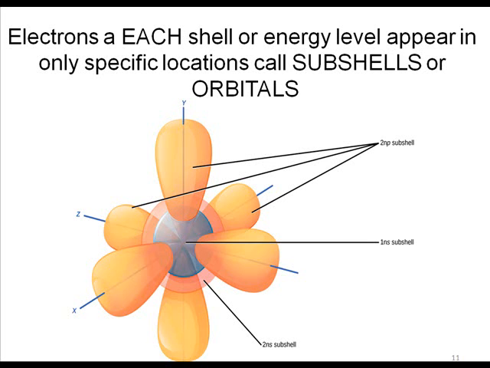So here we see what are called p orbitals. And what happens is there are 3 p orbitals. You will notice there are p orbitals on the x-axis, there are p orbitals on the y-axis, and finally p orbitals on the z-axis.